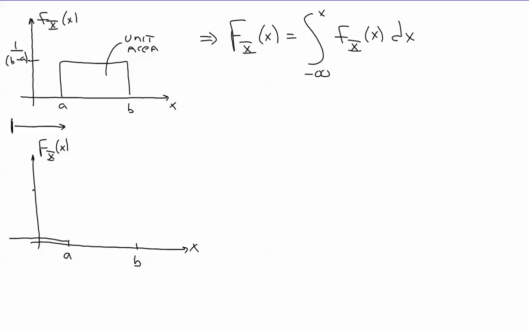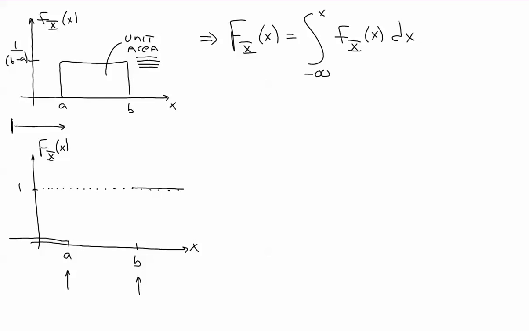And I also know that as x approaches plus infinity, my cumulative distribution function must approach exactly 1. After I've integrated all the way from A to B, I will have integrated the entire area under my probability density function, and so my integral must be exactly 1.